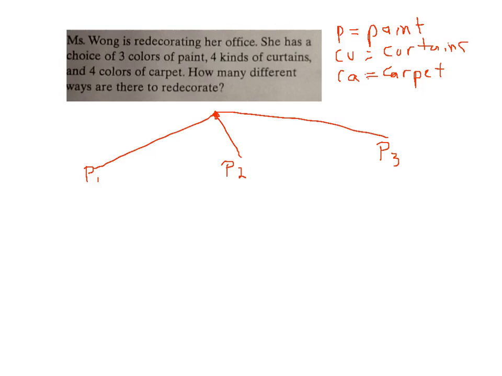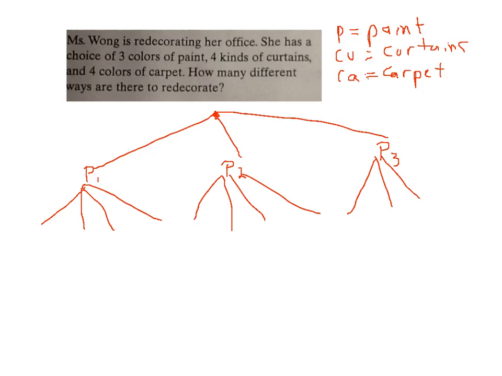From there we can do 4 kinds of curtains. And I'm going to let the curtains be CU, so there's CU1, CU2, CU3, and I'm going to do this for each of them.